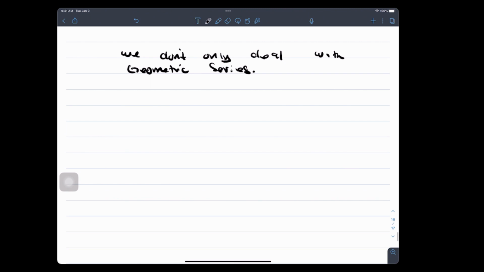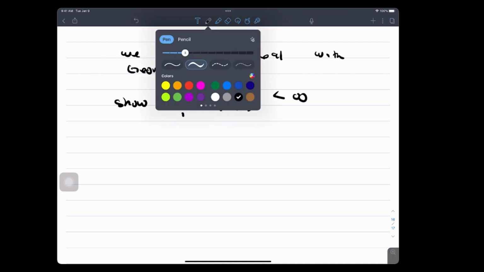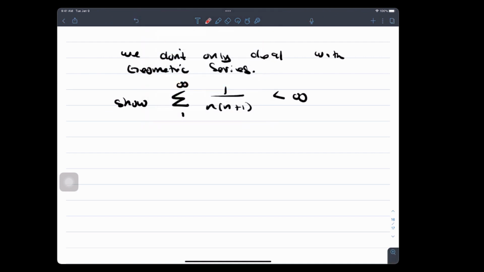There's a very classical example here. They're going to say, show that this series is less than infinity. This expression is another way of saying converges.